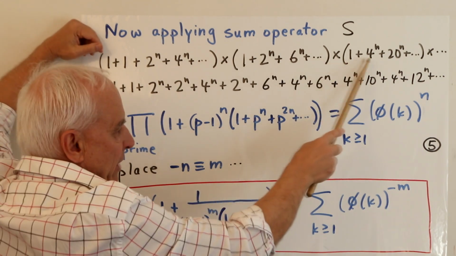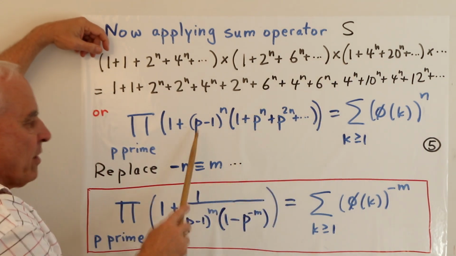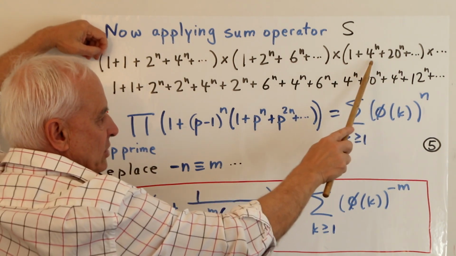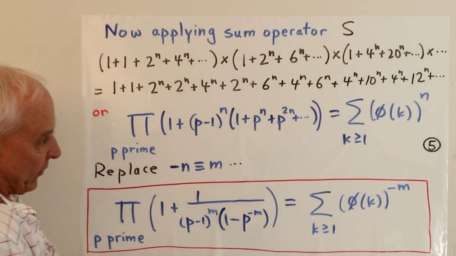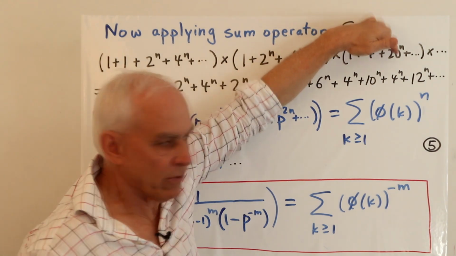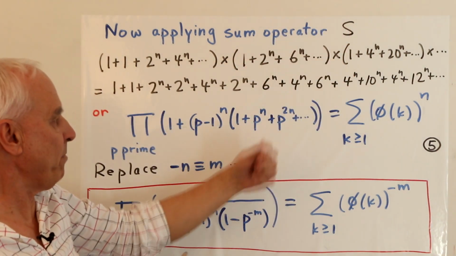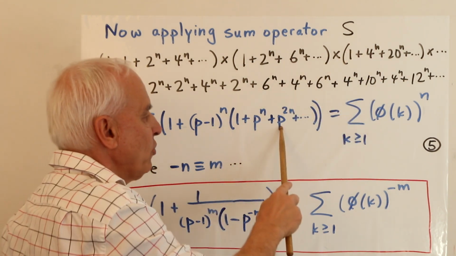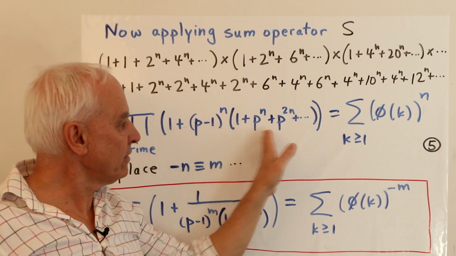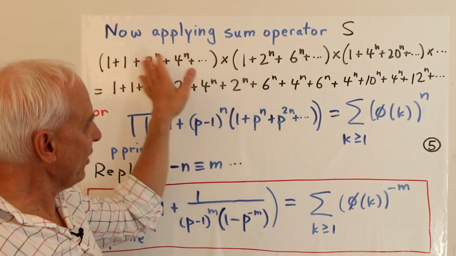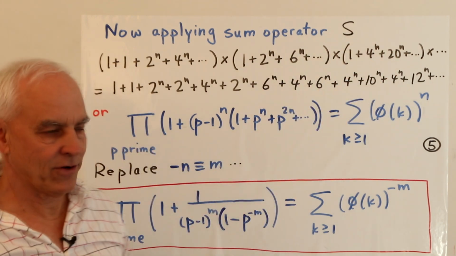Like this one here is a geometric series that starts with p minus 1 to the n. This is the p equals 5 case, so p minus 1 to the n. And then it's just a geometric series built on that where the common ratio is 5 to the n, or p to the n in general. So 1 plus p to the n plus p to the 2n plus p to the 3n, etc. The geometric series. So we're taking the product over all primes. That's what's on the left-hand side of this.